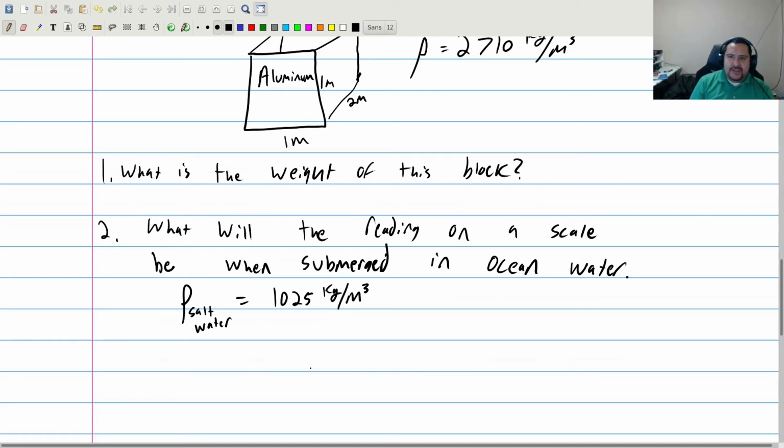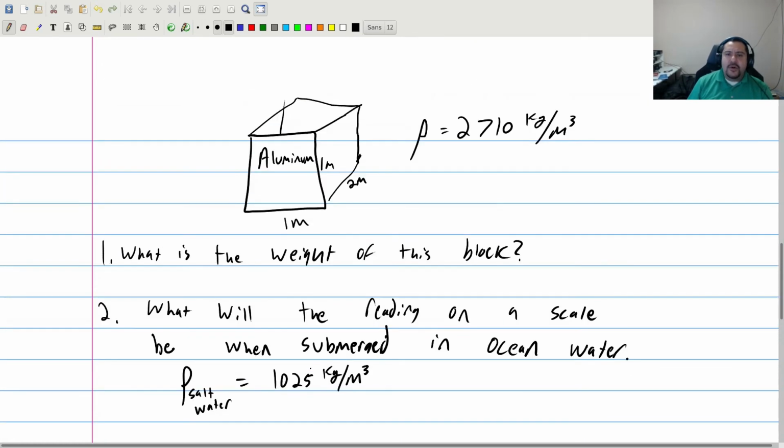First, what is the weight of this block? That's what the scale will read when you're holding it out of the water. And then when you lower it down into the ocean water, what will the weight of the block appear to be? It won't actually be that, but it will appear to be lighter because of the buoyant force acting on it. So, what should the weight of this block be underwater?